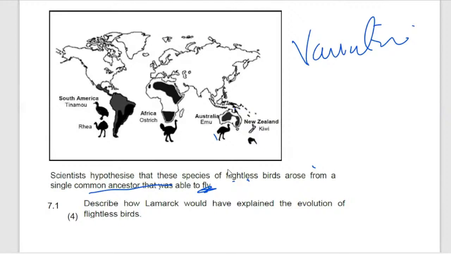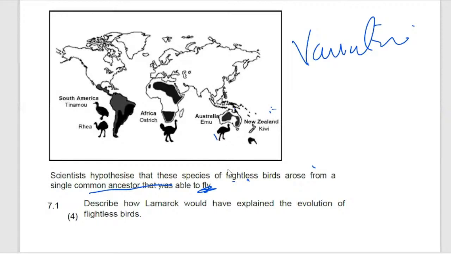Is it clear? That's how you can explain. But you can also be asked to describe how they became new species. That's the challenge. You know what makes students lose marks? When they bring this question, they don't know whether they're going to explain speciation or natural selection. That is the problem.